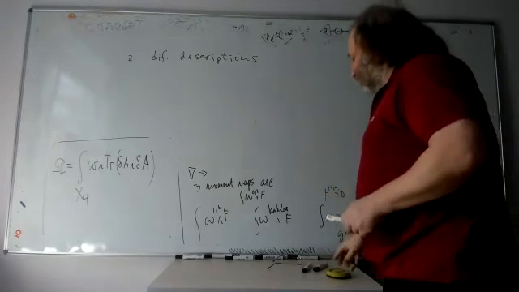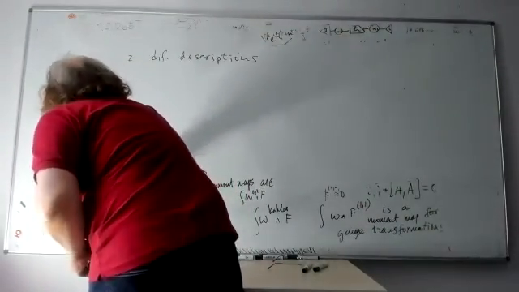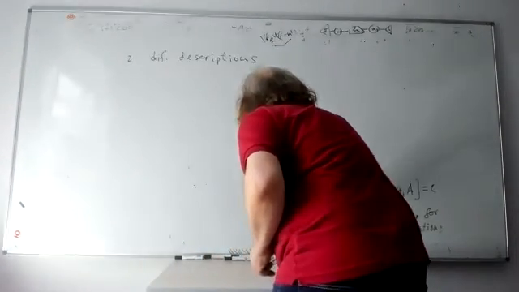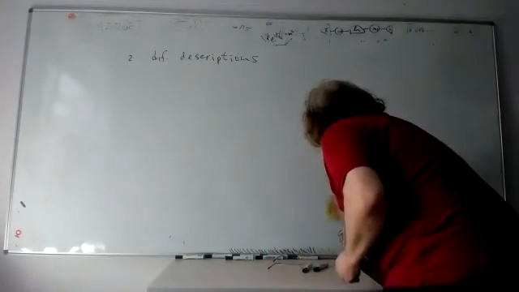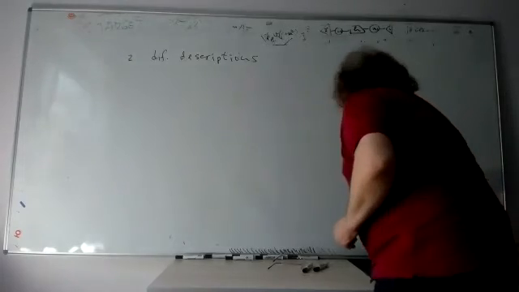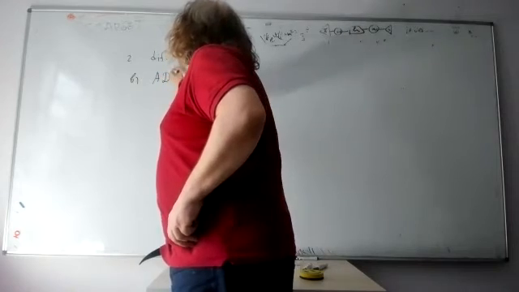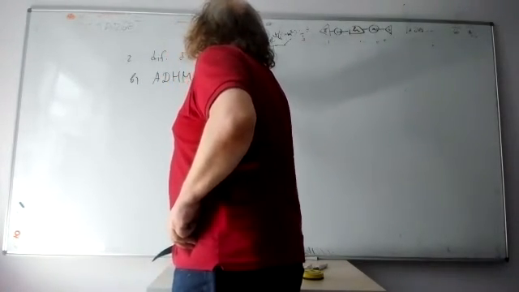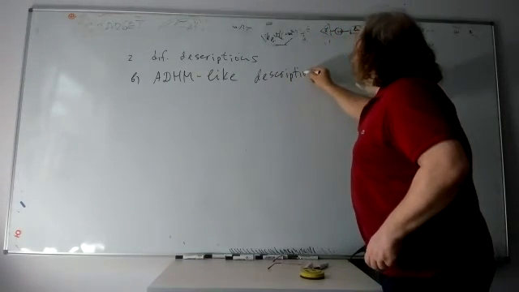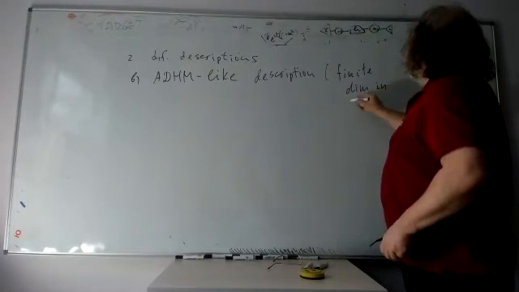And the second approach, approach B, is an ADHM-like description. That is finite dimensional in nature.